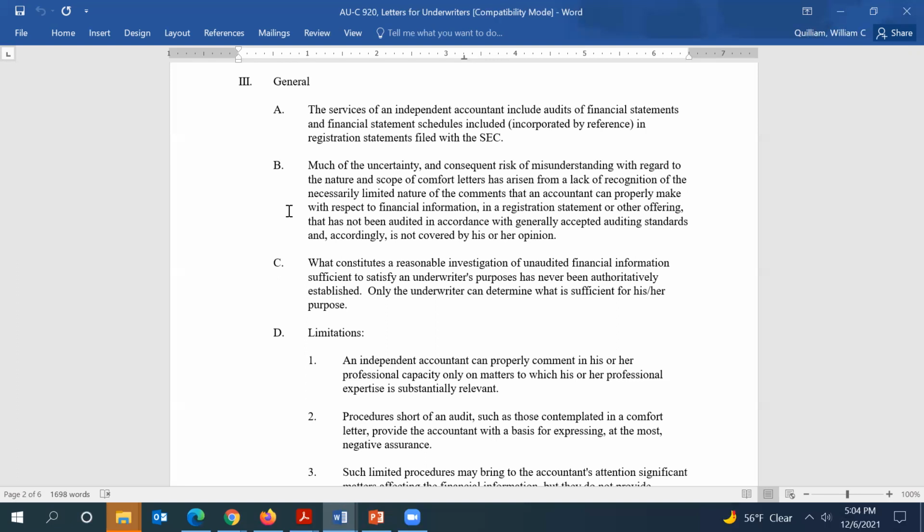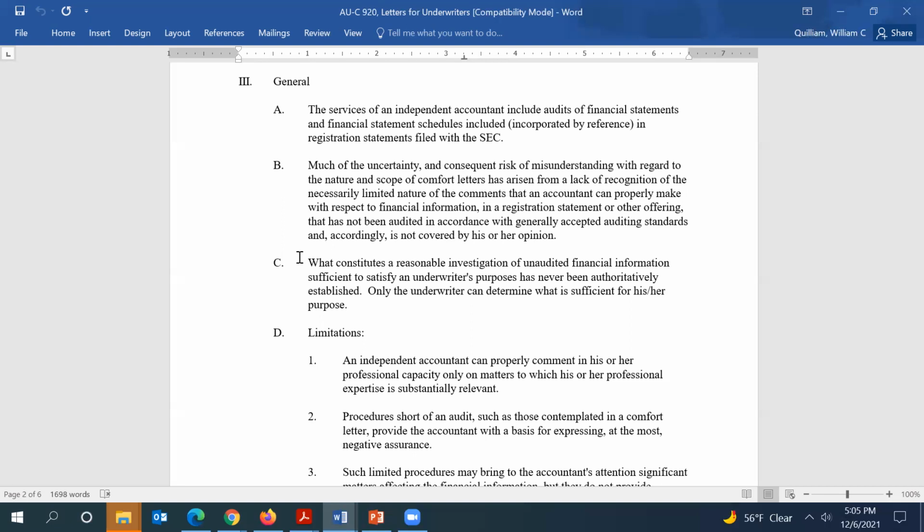Now, what should be in this letter? What constitutes a reasonable investigation of unaudited financial information sufficient to satisfy an underwriter's purpose has never been authoritatively established.